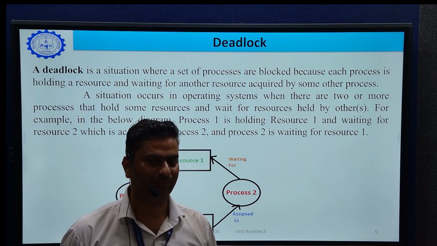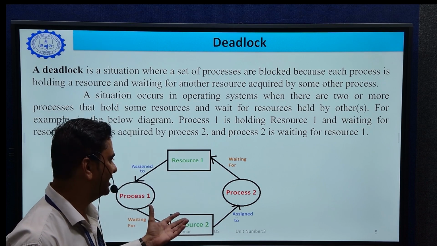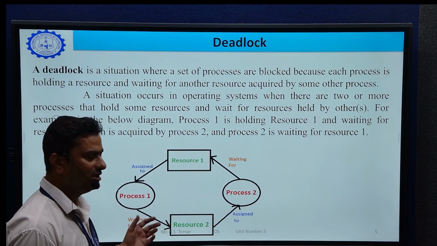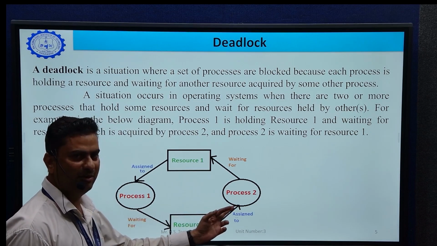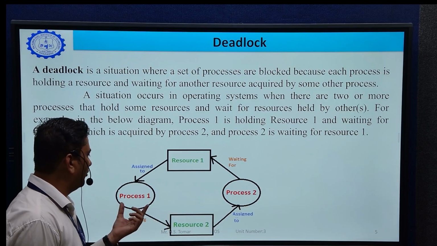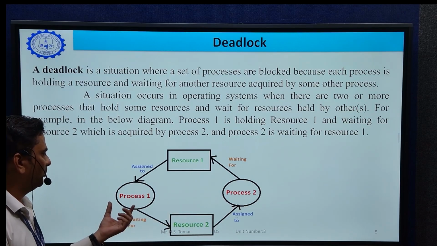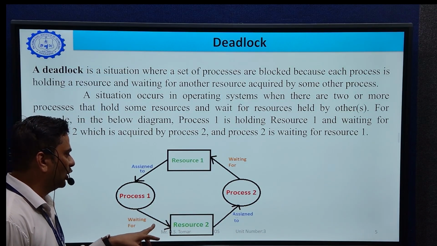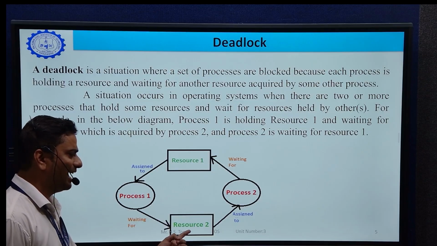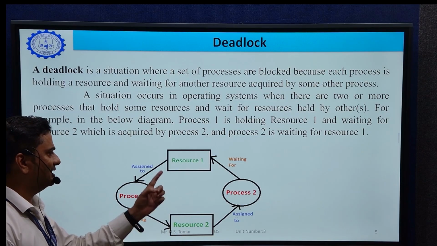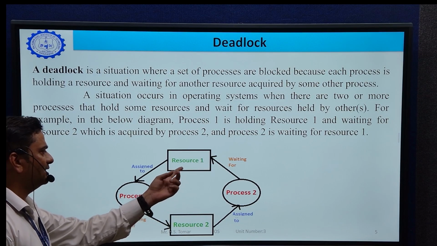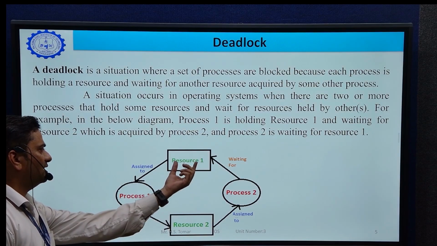Let's see an example here for better understanding. There are two processes, P1 and P2. Take process P1. P1 is requesting the resource R2 and at the same time it is allocated R1.